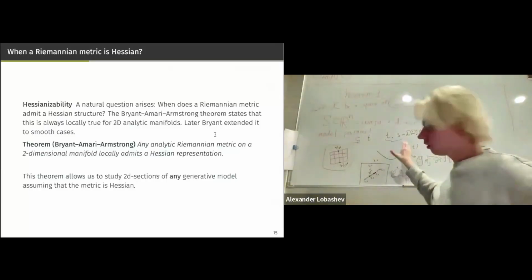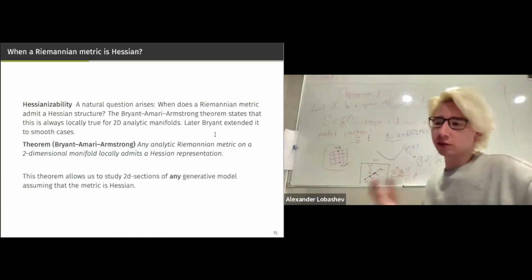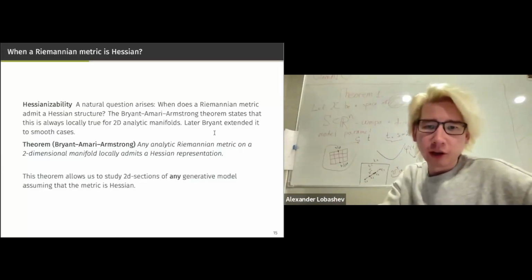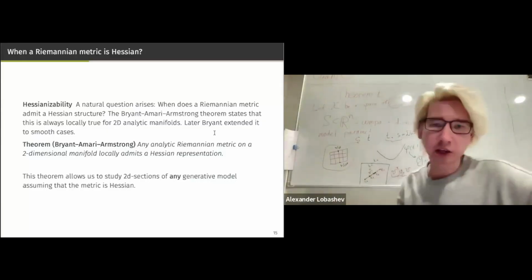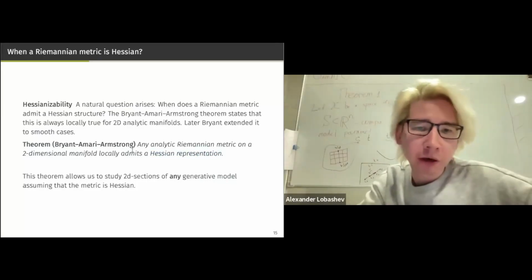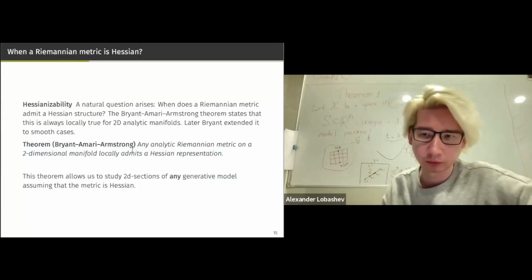So if initial vectors are not too far from each other, but far enough to generate different images, then I could assume that locally this Fisher information metric can be approximated by a Hessian metric using this theorem. So we use that. We take two-dimensional sections in the parameter space.